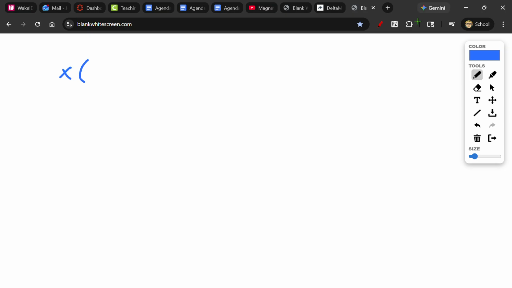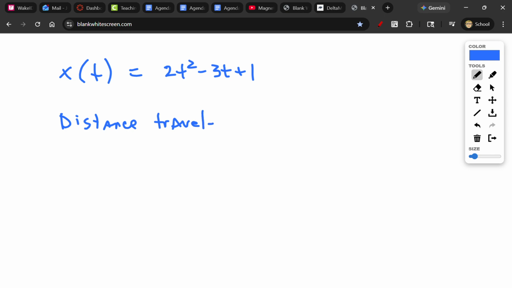All right, so let's say that a particle is moving along the x-axis over time, given by this function, 2t squared minus 3t plus 1. And we want to find the distance traveled over the time interval, let's say from 0 to 2 seconds. We would play the same game, right?